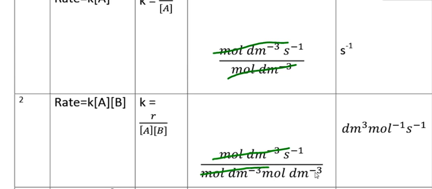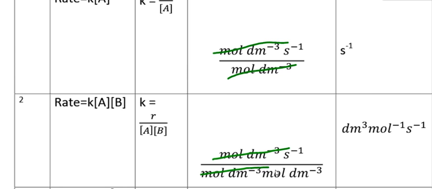What I have to do to finish this off is bring the decimeters and the moles up on to the top. And to do that, all I do is take the power, if it's negative, I change it to positive, or this is moles to the power of 1, if you imagine, if I take that up to the top, I have to put that as moles to the -1.